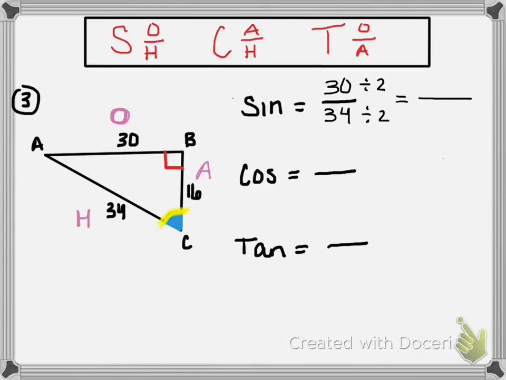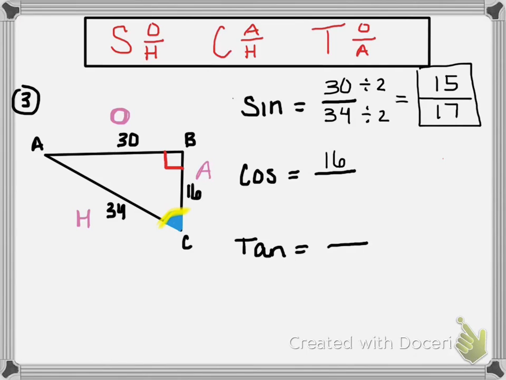So on top, 30 divided by 2 is 15. And on the bottom, 34 divided by 2 is 17. And that's my answer when I simplify my fraction, 15 over 17. You always want to make sure for every single problem, your answers are simplified. Let's do cosine. Cosine is adjacent over hypotenuse.